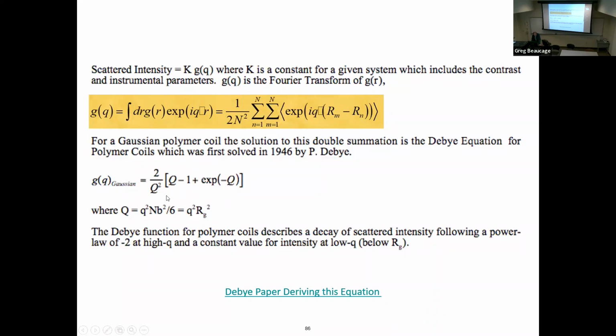So this is the exact function for a Gaussian chain, right? And so usually you have the correlation function as a Fourier transform, and you get this. So if you have a sphere, then it's the Fourier transform of the spherical shell position, which gives you the density of the position, then you Fourier transform that and you get the scattering function, right?